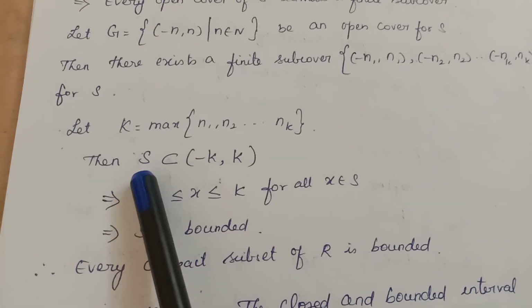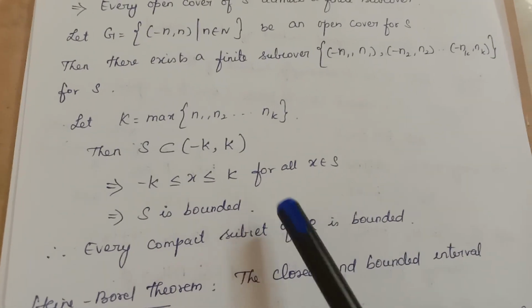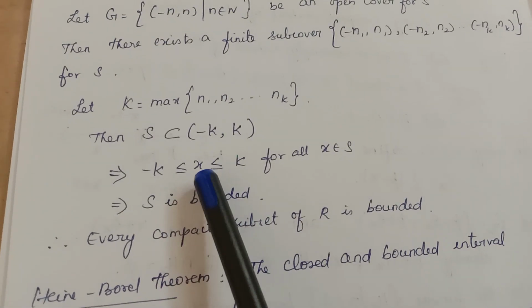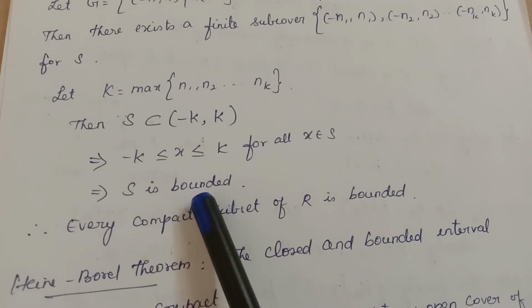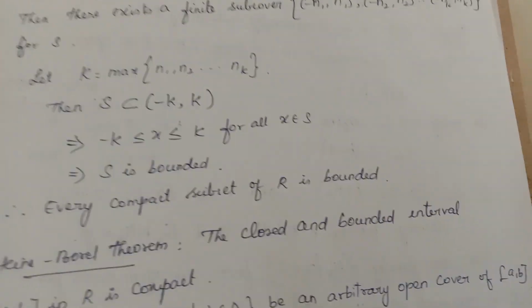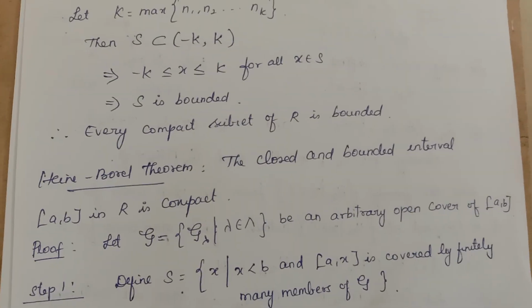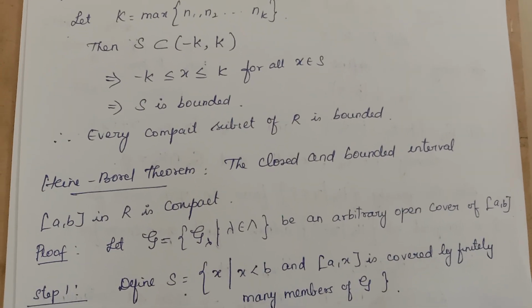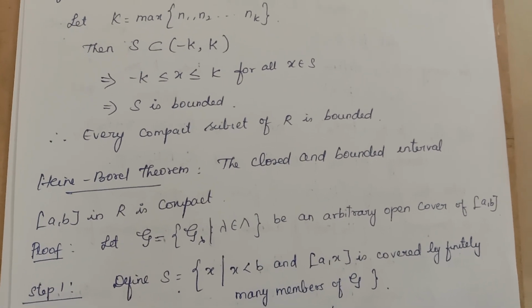Then obviously your S is contained in the open interval (-k, k). That means all your x in S are lying between -k and +k. That implies S is bounded. So we have proved that every compact subset of R is bounded. The first theorem: every compact subset of R is closed. Now: every compact subset of R is bounded.